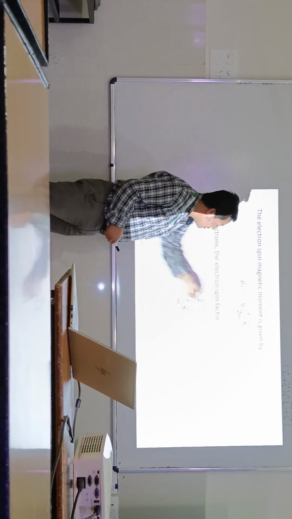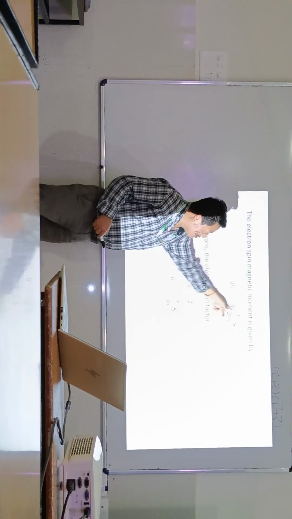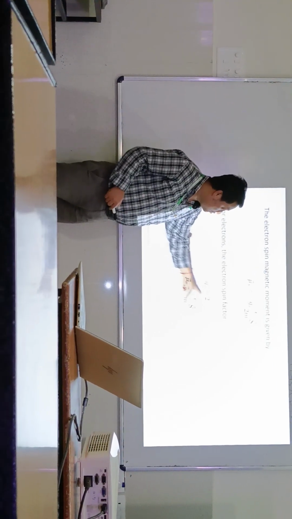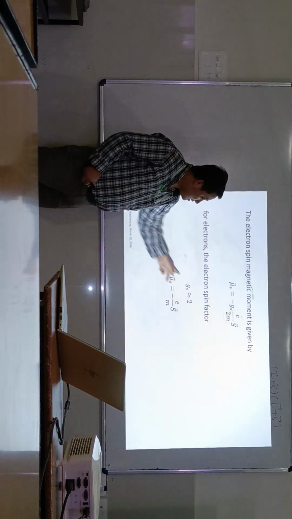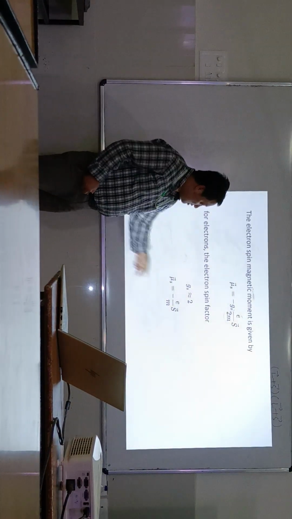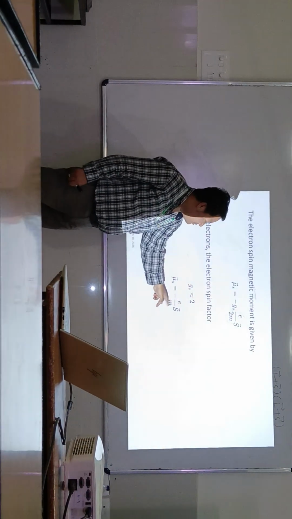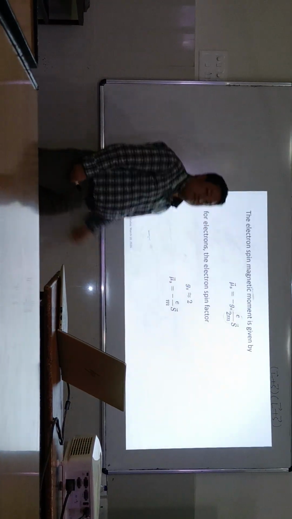By substituting the value for the spin factor, that is 2, the 2 gets cancelled, and we get the final equation: mu vector s equals negative e divided by m times the spin vector.